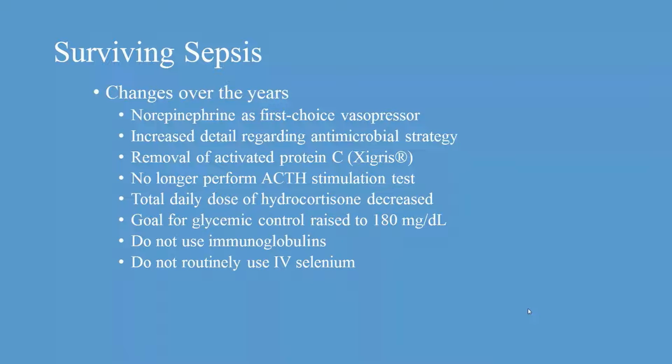They've shifted the blood sugar goal for glycemic control a little bit, and they've commented specifically on immunoglobulins and IV selenium to say, boy, really, we don't need to routinely use those. They had been mentioned in earlier versions of the guidelines because of some initial positive studies, but follow-up studies did not pan out.